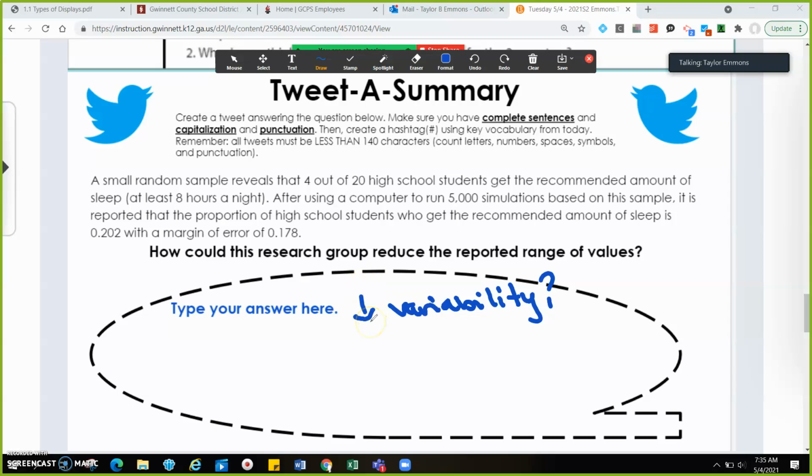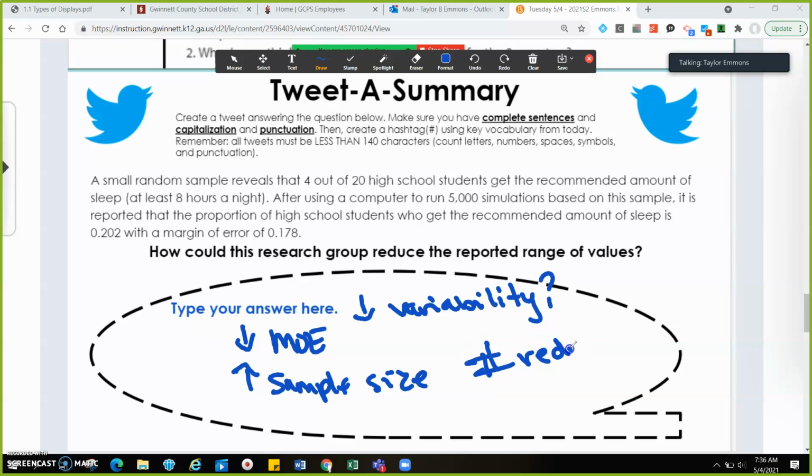Okay. Well, if we reduce that variability, don't we also reduce the margin of error? Right? If we increase our sample size, we'll reduce that. Okay?